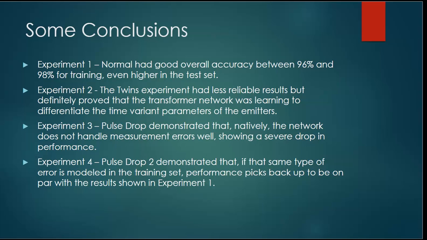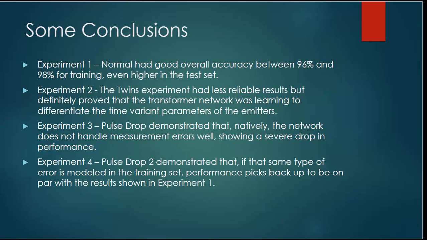But it did show that the transformer network was learning to differentiate between the time variant parameters for the emitters, which I wasn't surprised about, but I definitely had a sigh of relief when I first saw that experiment went through and worked, and that it wasn't simply keying off of the measured parametrics.